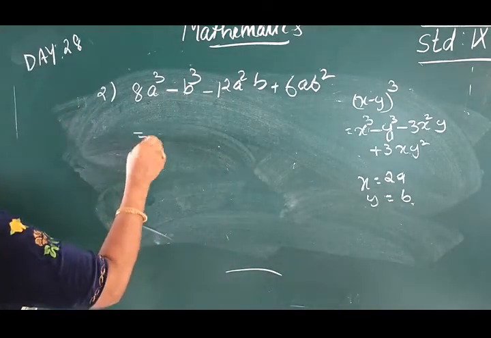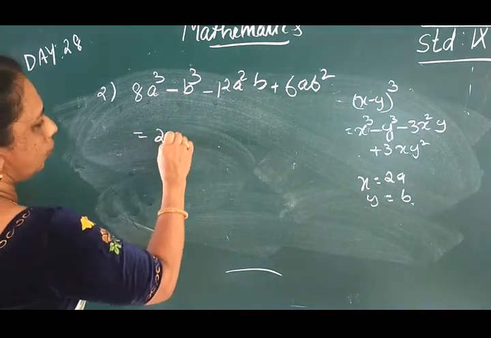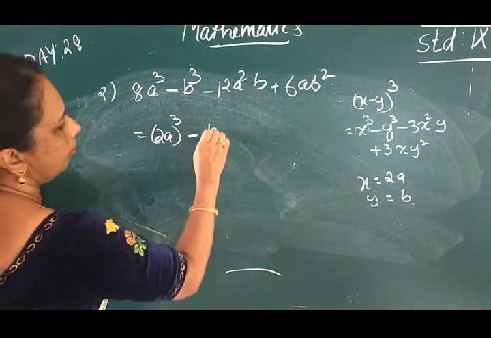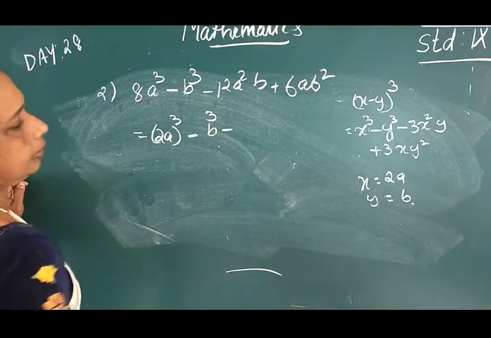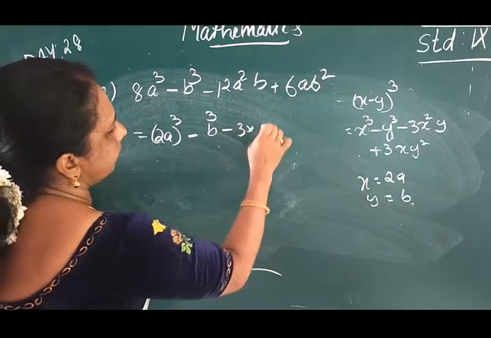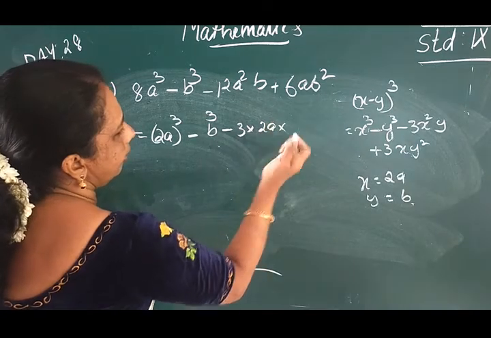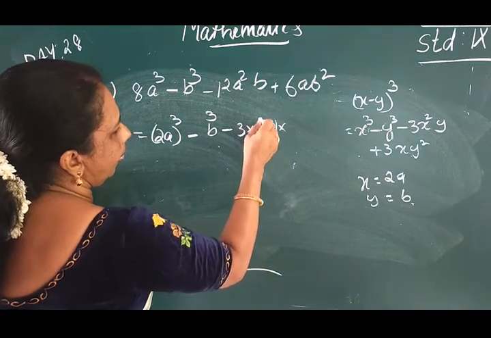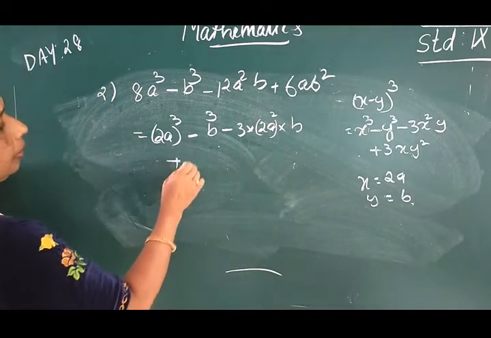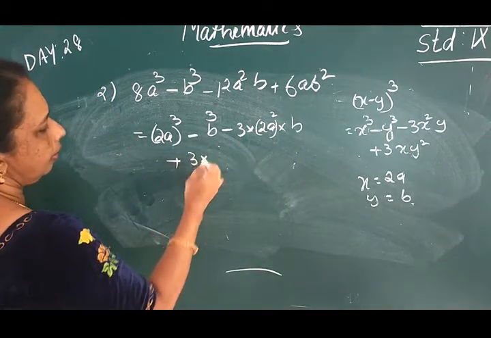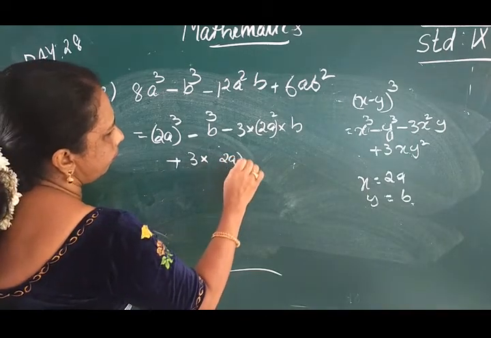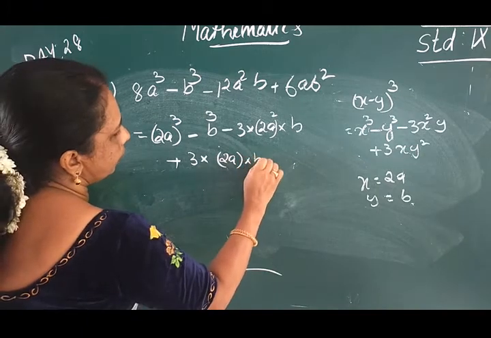Then we have to write the expanded form. x cube, 2a the whole cube, minus y cube, b cube, minus 3 into x square, 2a square, into y, b, plus 3 into x into y square.